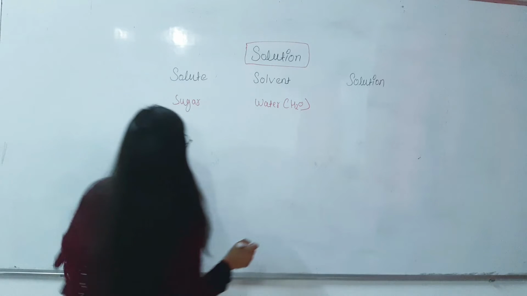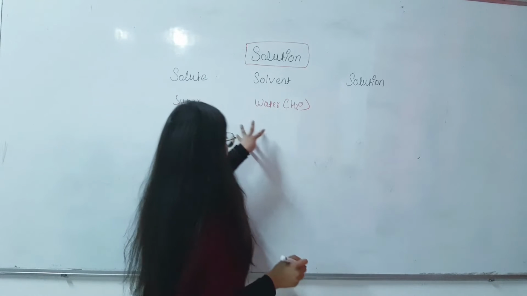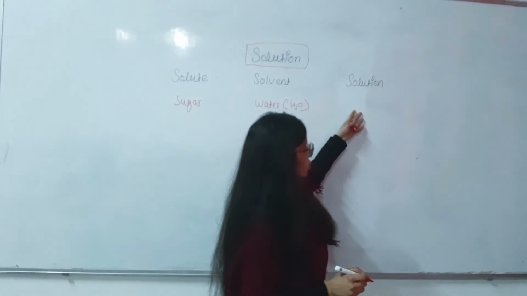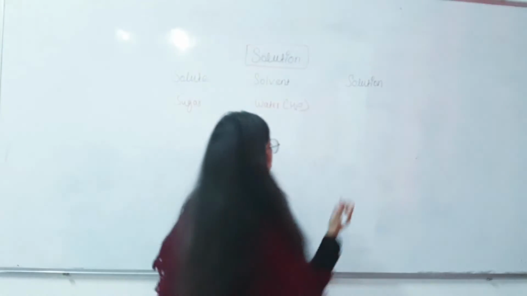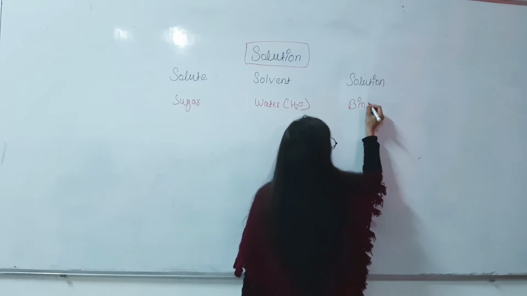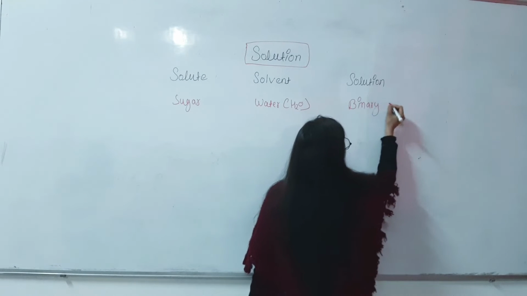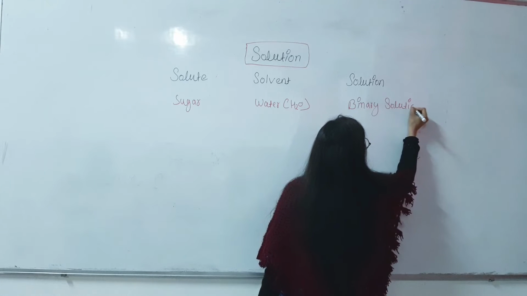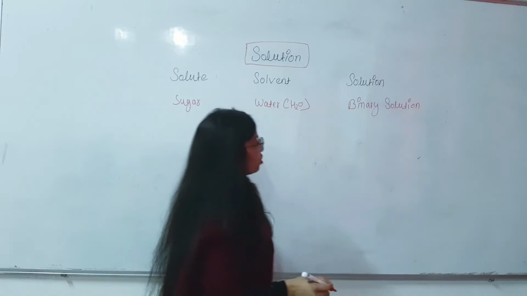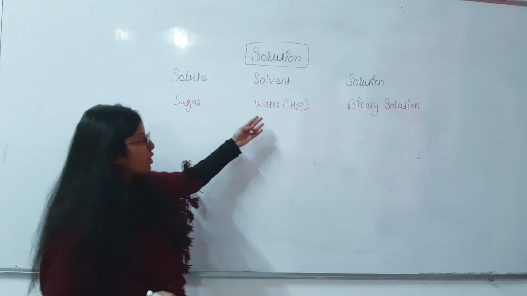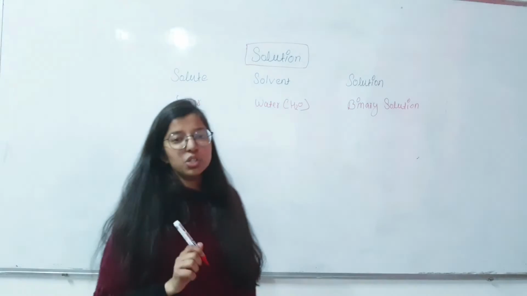When these two components are mixed with each other, then one solution is formed. That solution is called a binary solution. Bi stands for two: when two components are used for making a solution.